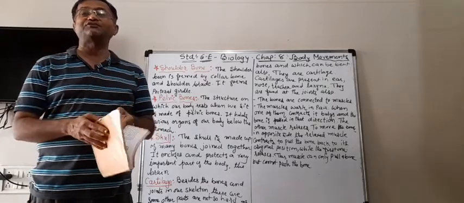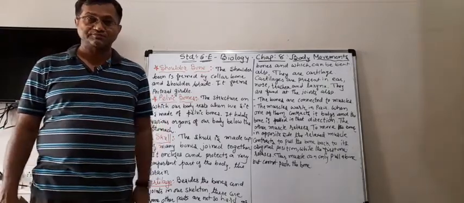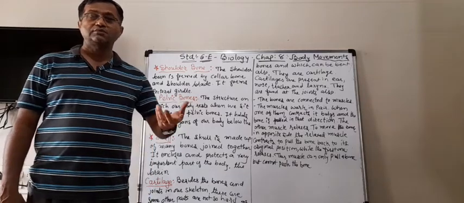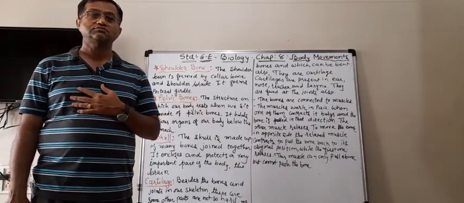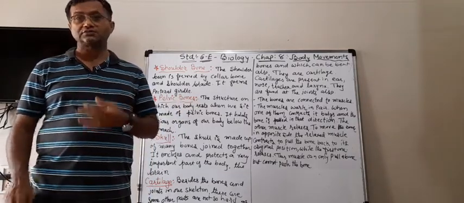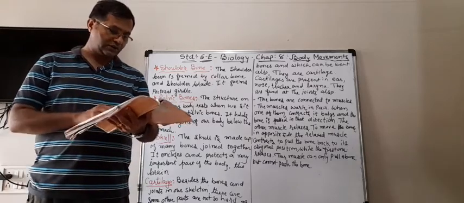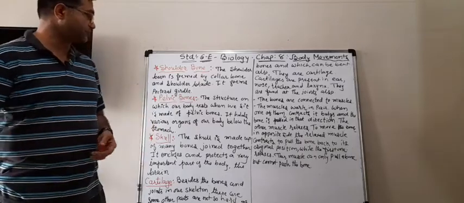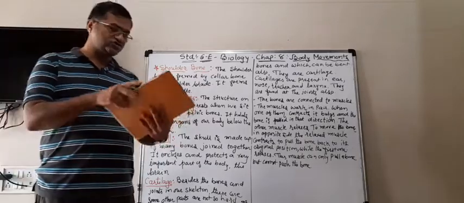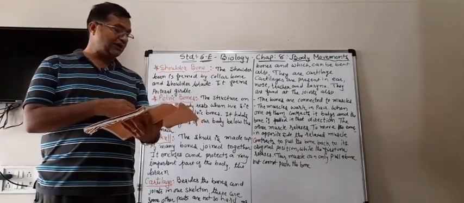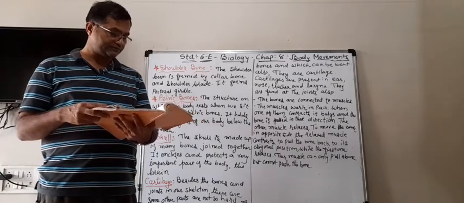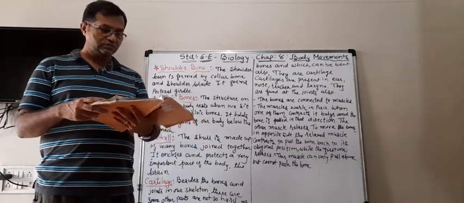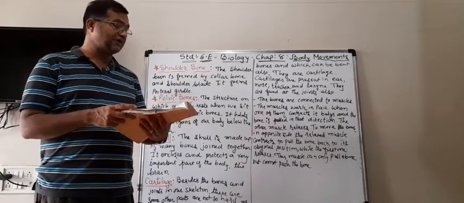We also learn different types of joints, like ball and socket joint, hinge joint, and the pivotal joint, and some fixed joints also. After the fixed joints, we learn about the skeleton and the backbone and the rib cage.